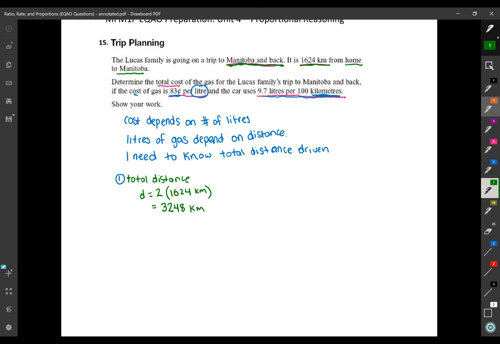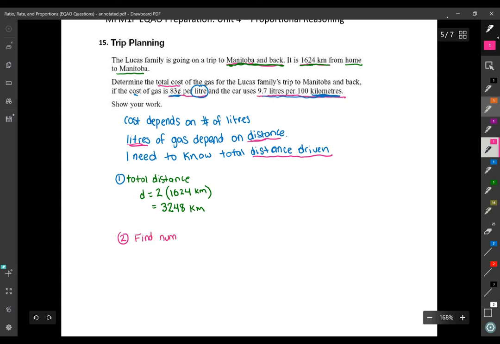Okay. Now that I have distance driven, now I can figure out the number of liters, right? Because liters depends on distance. So my second step can be find number of liters needed for the trip. Liters of gas needed for that whole trip.